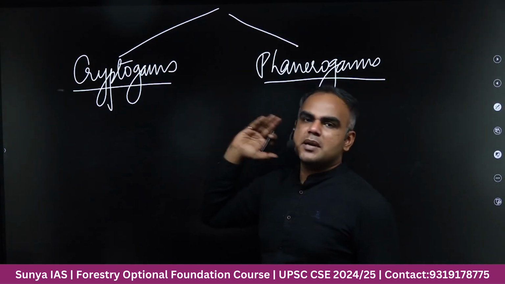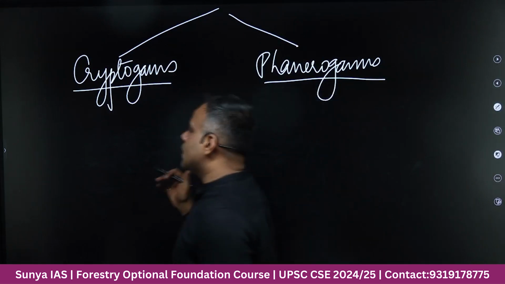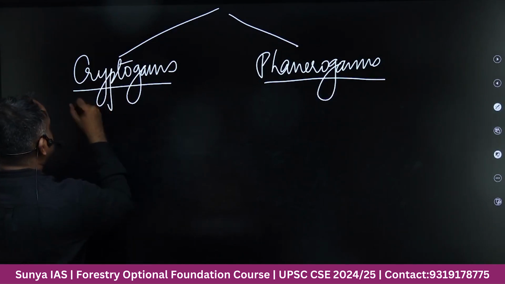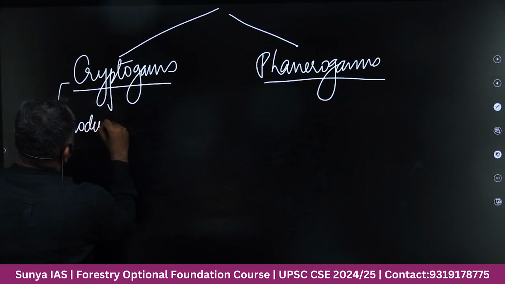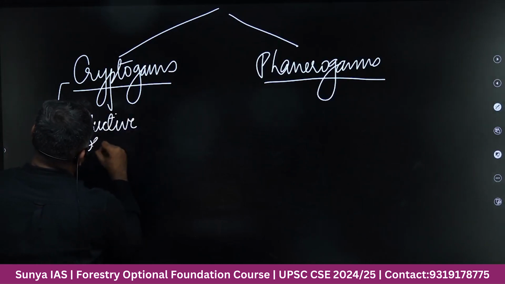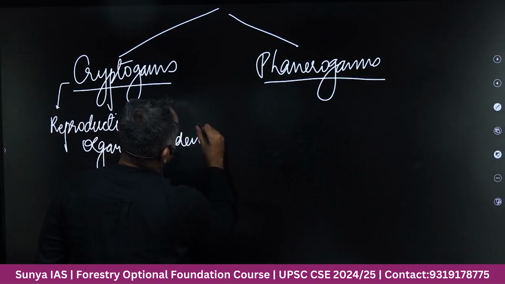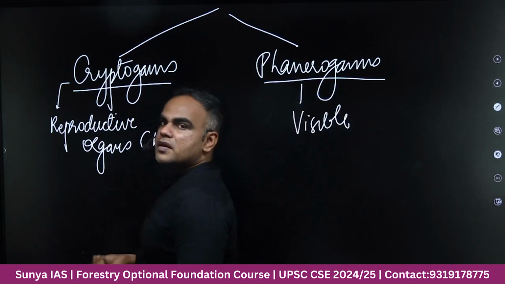When I was explaining that in my environment classes, I also explained this whole part, what is cryptogam and phanerogam. Let me repeat. Crypto means something is hidden. Here the reproductive organs are hidden. In phanerogams, the reproductive organs are visible. That is the first point of difference.